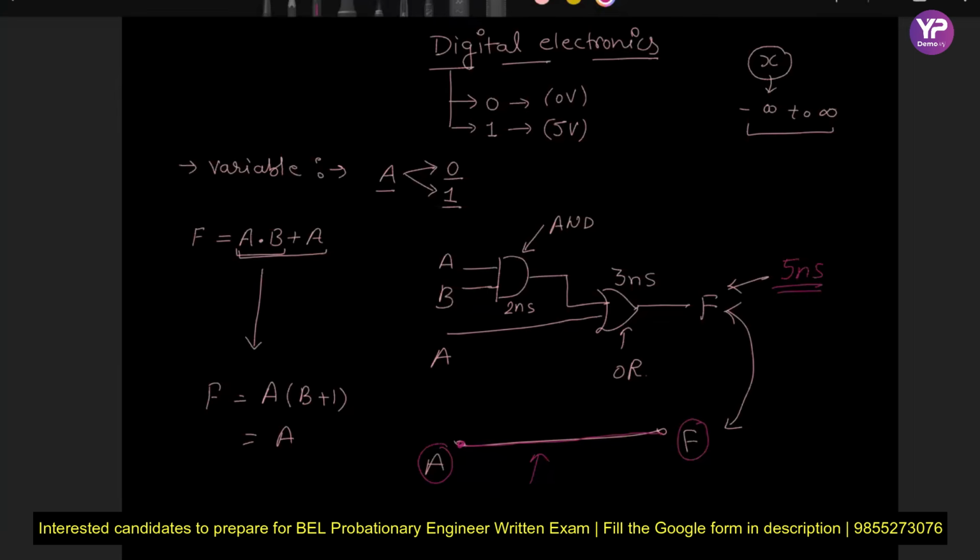In this case, the propagation delay was initially 5 nanoseconds and it will be minimized to 0 nanoseconds. As you apply the input, at the same time you get the output F. Previously that was 5 nanoseconds, now it will be 0. Understood? That is the main benefit of minimization.